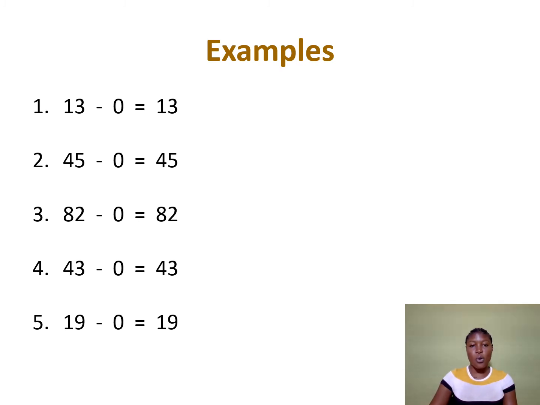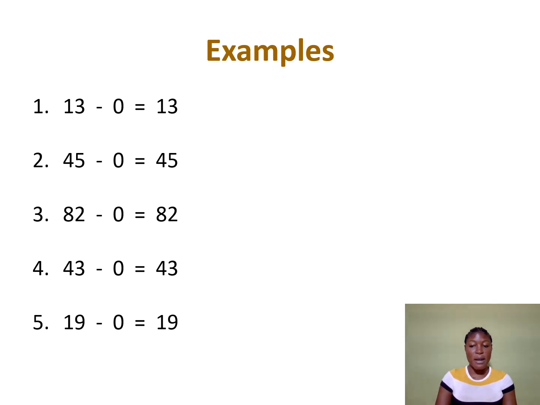So let's further move on to these examples. When we look at these examples, we can see that 0 has been subtracted from all the numbers. Number 1, 13 minus 0 gives you the same number, 13. 2, 45 minus 0 gives you 45. 3, 82 minus 0 gives you 82. 4, 43 minus 0 equals 43.